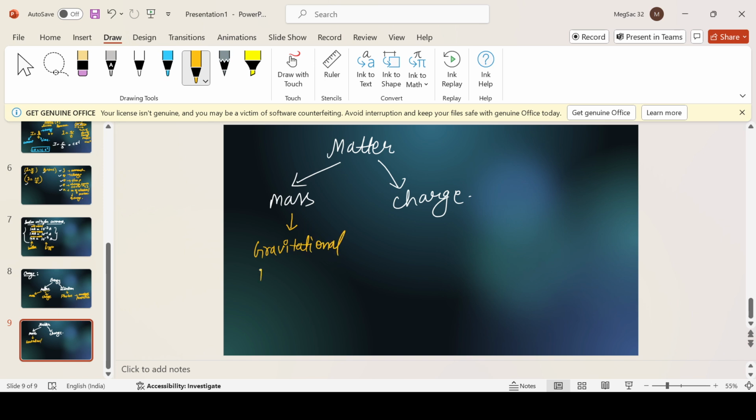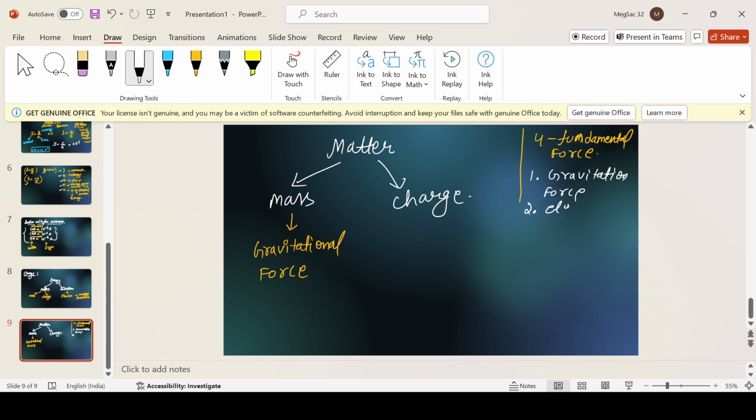Because in our nature there are four fundamental forces only. The rest of the forces are made from these only. So among the four fundamental forces, the first force is gravitation or gravitational force.